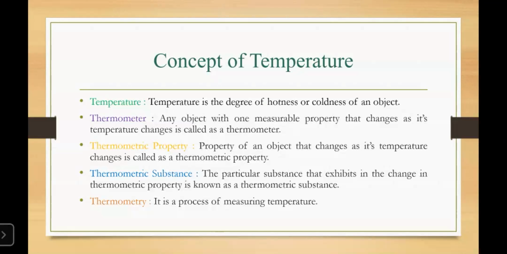So if you want to measure the temperature, there should be a change in property. If you are having a change in property for an object, then only you can measure the temperature of that object. Suppose you are increasing the temperature degree by degree, but the property of the object is not changing, then how can you measure the temperature?